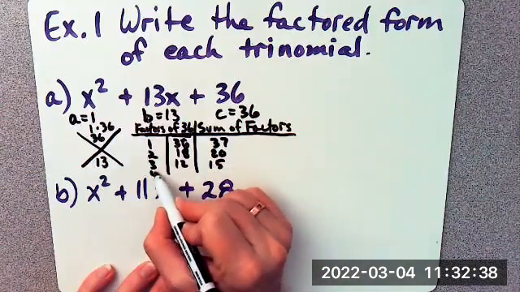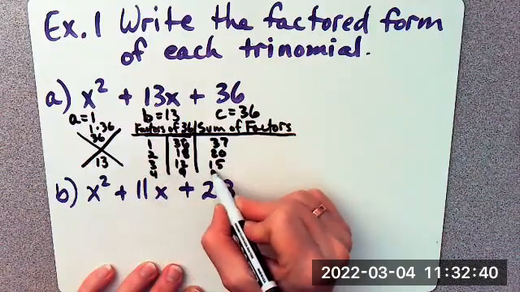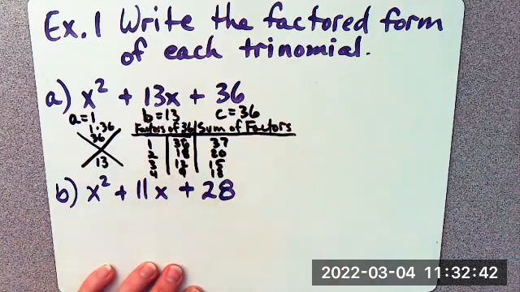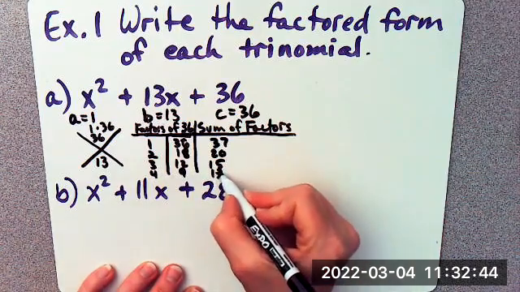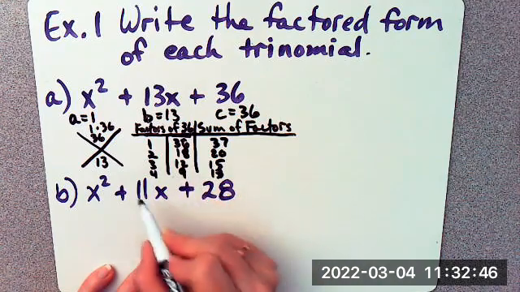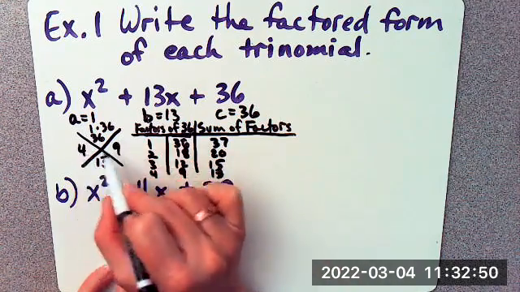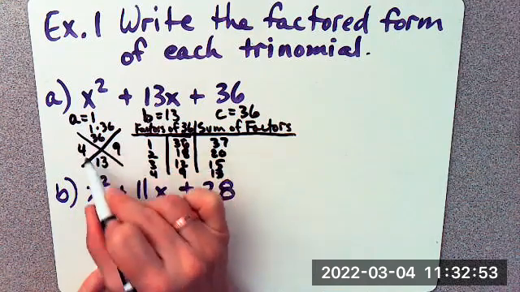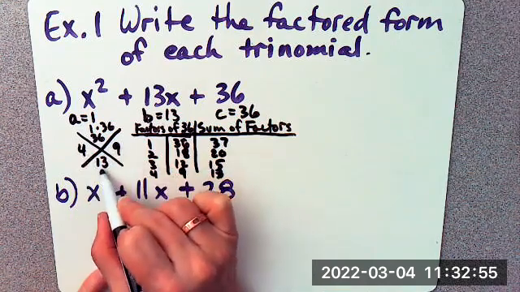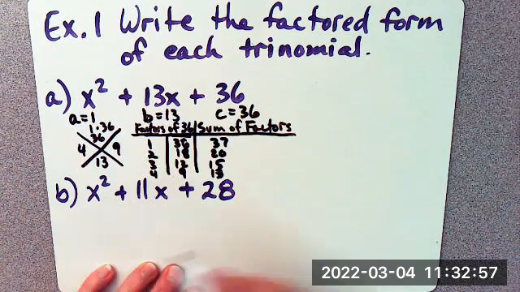And then we have 4 times 9, and its sum is 13. And that's it. So now we found it. So this will be 4, and this will be 9. 4 times 9 equals 36. 4 plus 9 equals 13.